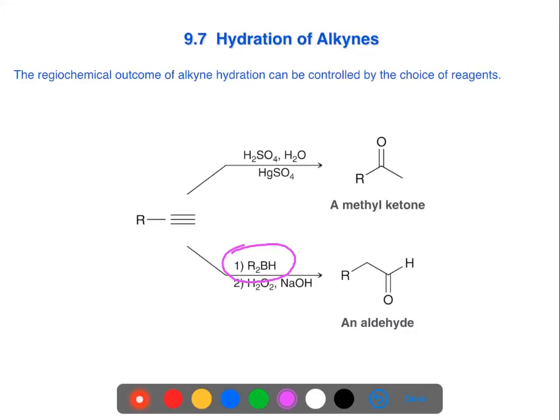Now, we won't go into the details of how they're used, but I want you to be aware that on Wiley+, occasionally in place of R2BH, you'll see two other reagents that are used.